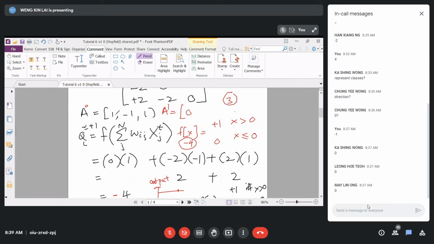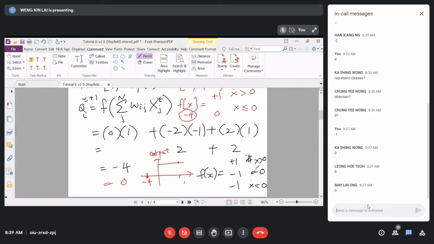Now look at it. Does it make sense that at the end you get something like this? Logically, it doesn't make sense, because it cannot be 0; look at the outputs here. The actual patterns here are only either 1 or -1. It cannot be 0 and 1. So therefore, I have to take this.